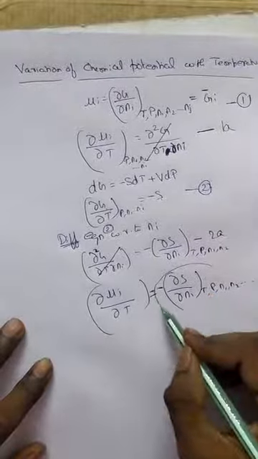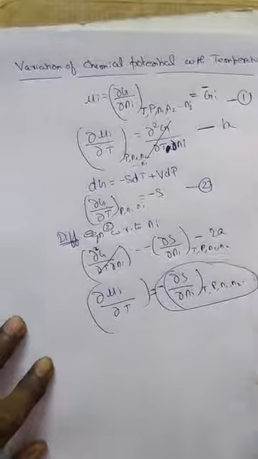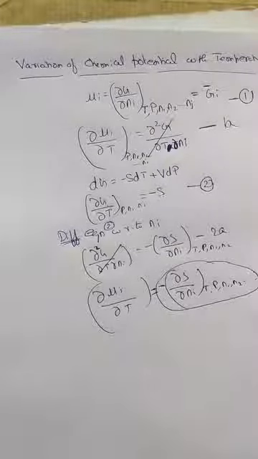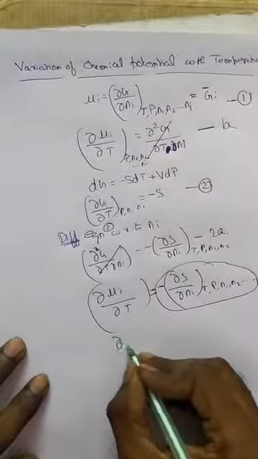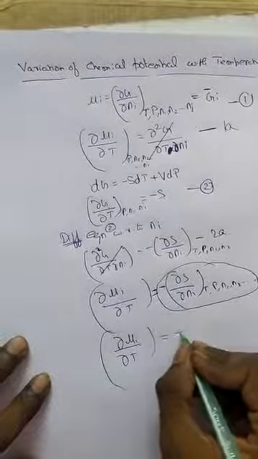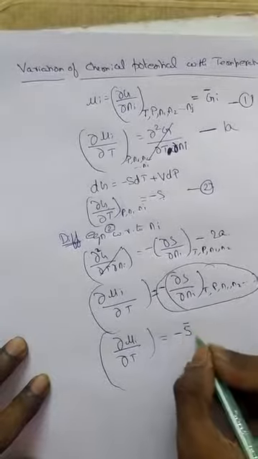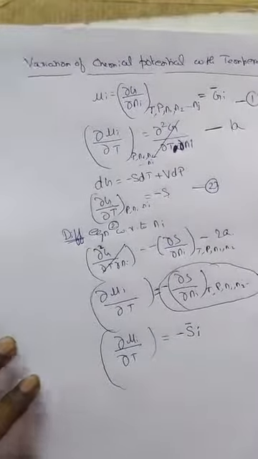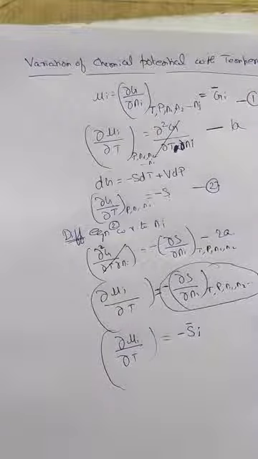This term is nothing but the partial molar entropy, that is S bar i. So you will be getting ∂mu i/∂T is equal to minus the partial molar entropy, S bar i.